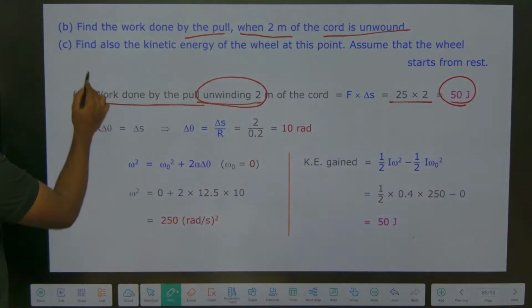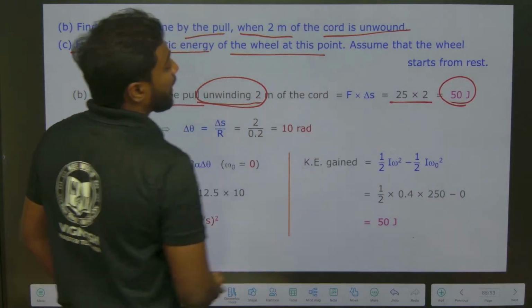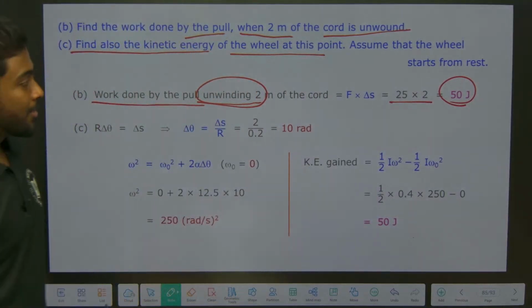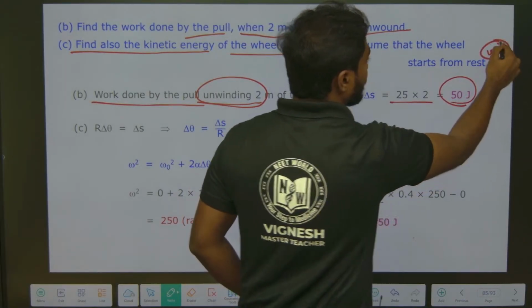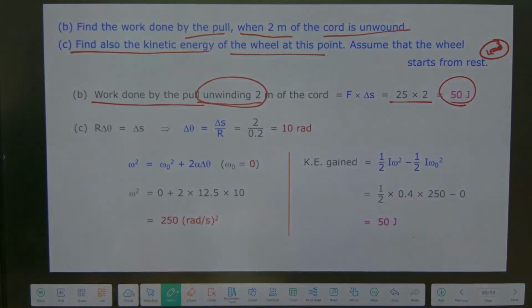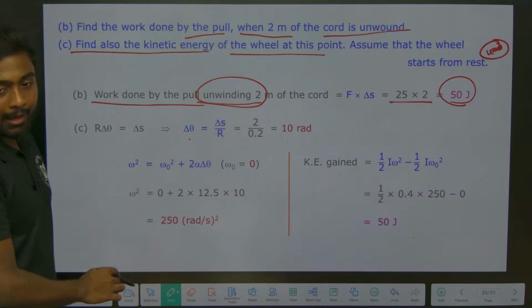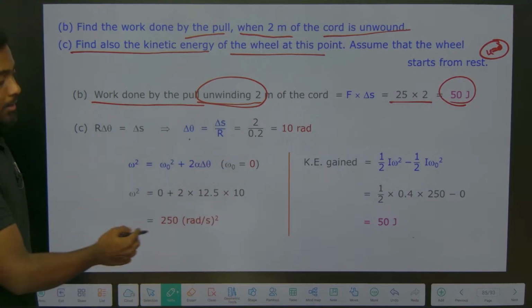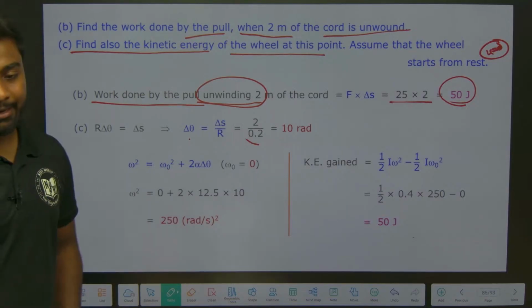The next question is, find also the kinetic energy of the wheel at this point. Assume that the wheel starts from rest, so initial velocity is 0. We know that r theta is equal to s, so theta is s by r. 2 meter divided by 0.2 is 10 radians.